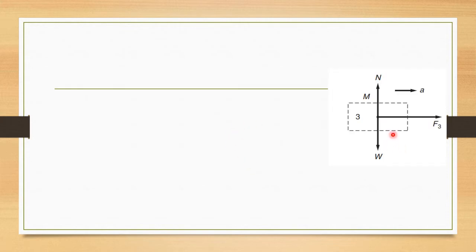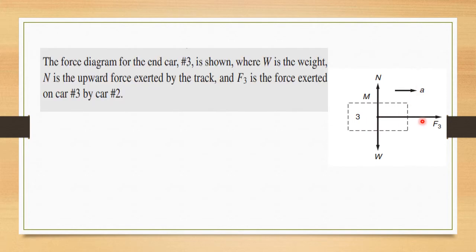Now consider the third car. On the third car, you can see the forces. This is the weight W of the car downwards, and N is the normal reaction in the upward direction, a is the acceleration, and F3.